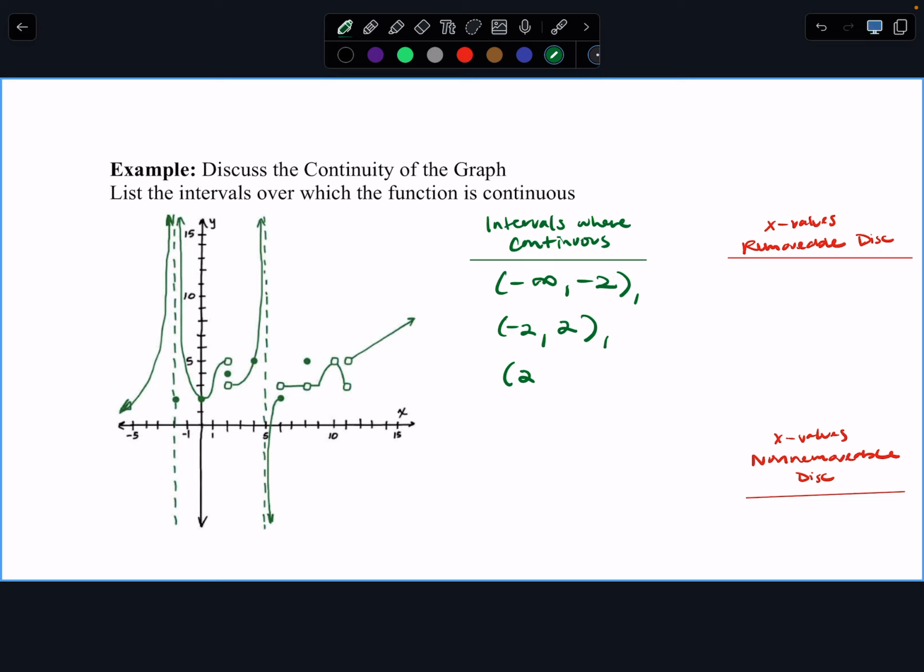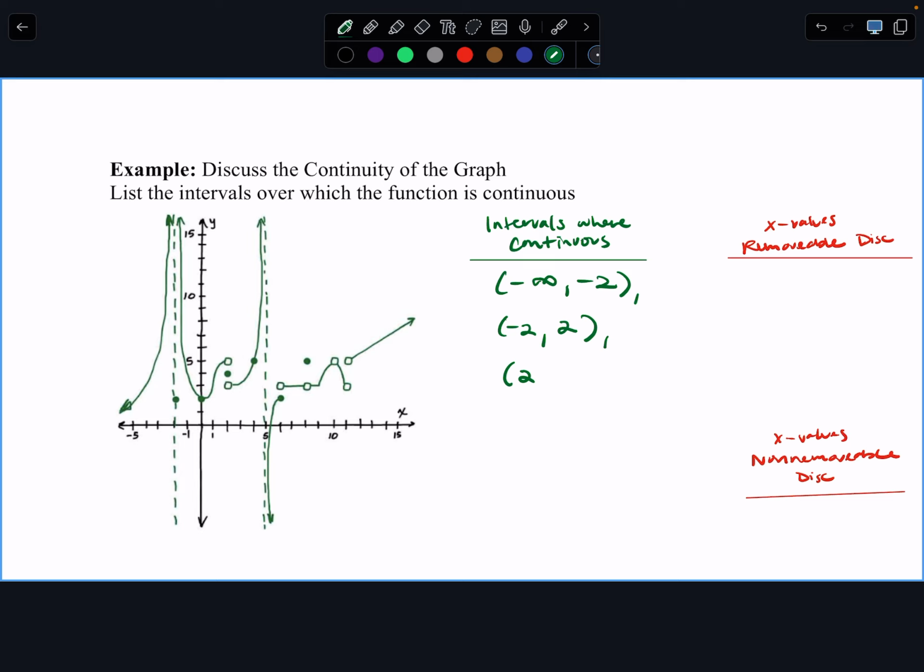Do we see why? The function value wouldn't match the limit value. What's the next interval? 8 to 10. Also not including endpoints for the same reason. Limits wouldn't match function values at the endpoints.